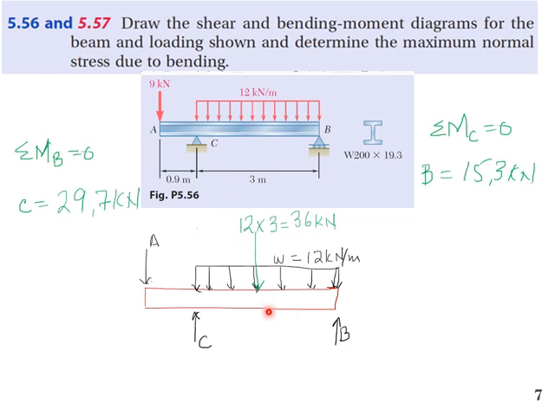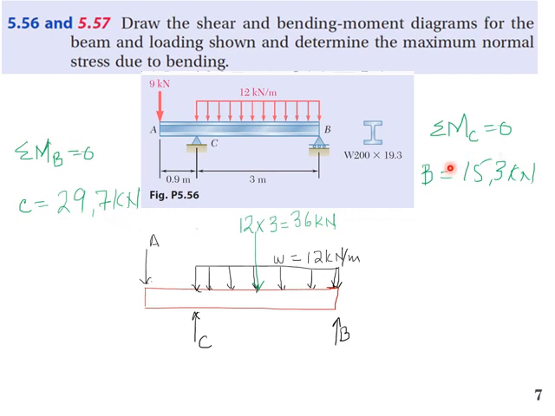First, we will draw a free body diagram for that beam to find the reactions at C and B. This distributed load we can change into a concentrated load, equal to 12 multiplied by 3, acting 1.5 meter from C, at the midpoint of B and C. Now if you take moment about B, you can calculate the value of C, that will become 29.7 kilonewton.